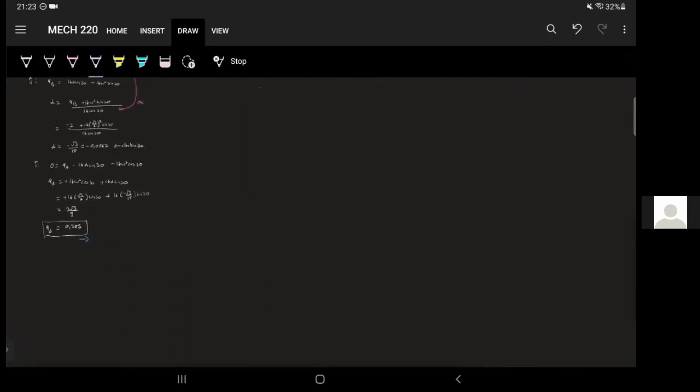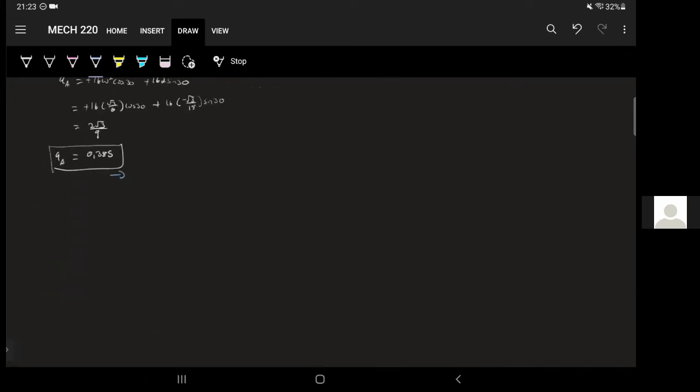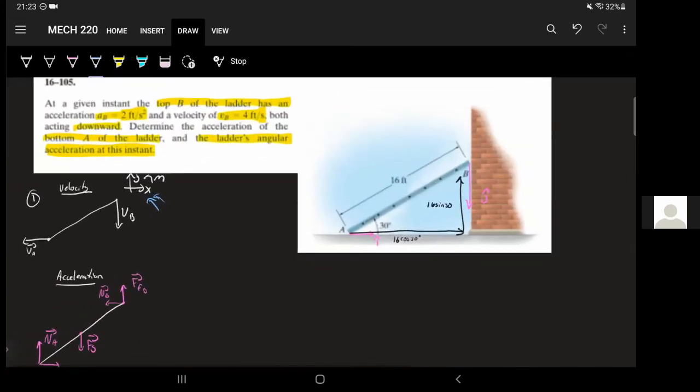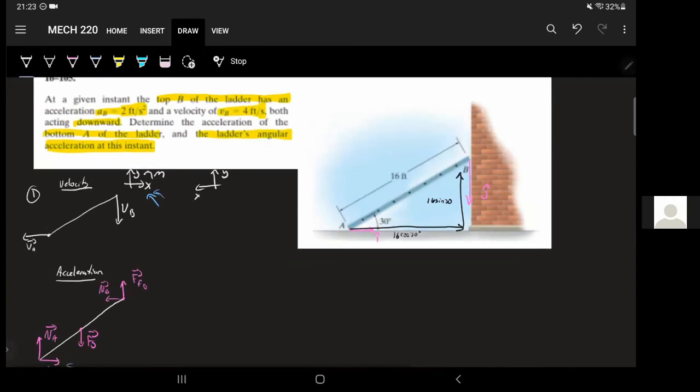So just a side note on the axis now. Instead of using the one here, what if I decided to do something like this? How would this change my measurements and everything? The first thing to notice is that for your momentum, you need the right hand rule in order to define its sign, whether it's positive or negative. So in this case, if I put my x here and my y here, I'm going to need to have it in this way.